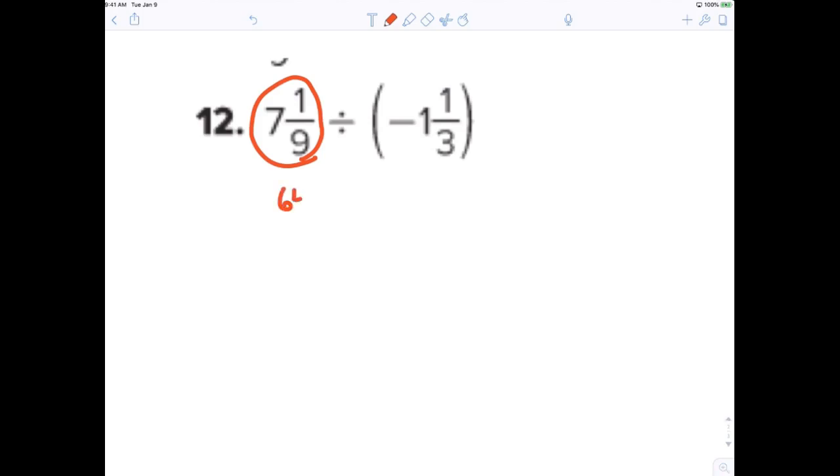Yes. 64/9. Okay, now we're going to go divided by still, because now you got to fix this one. 4 over what? Yes, 4/3. Now again, I'm going to go ahead and just put the negative in there, just so it's the same thing. Now what? 64.